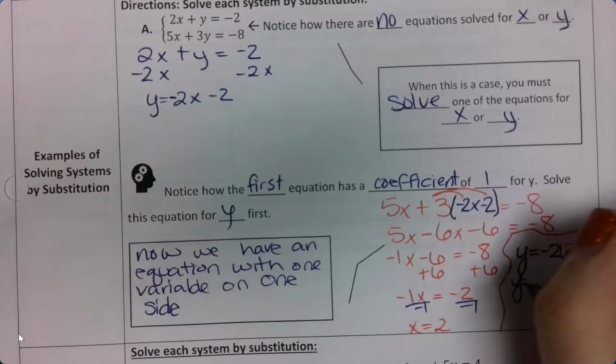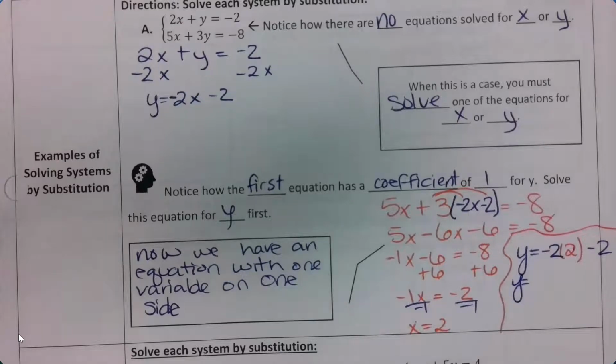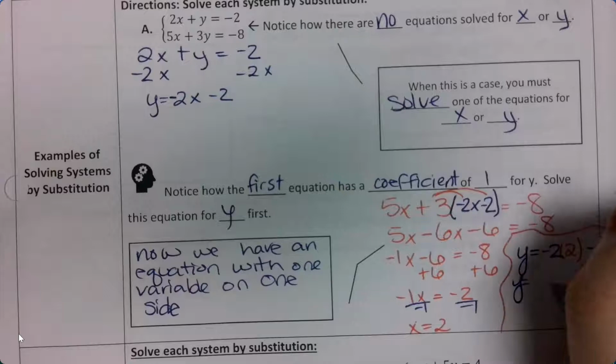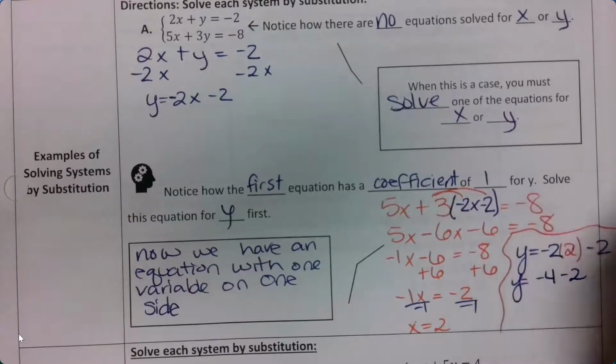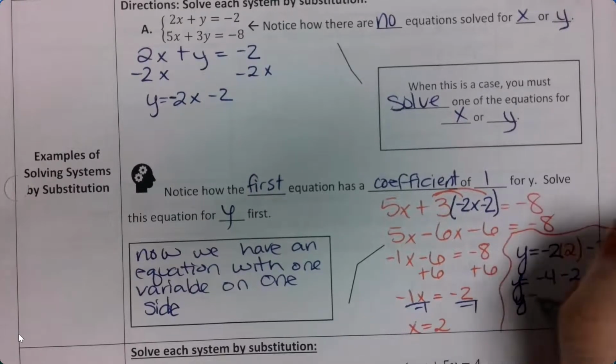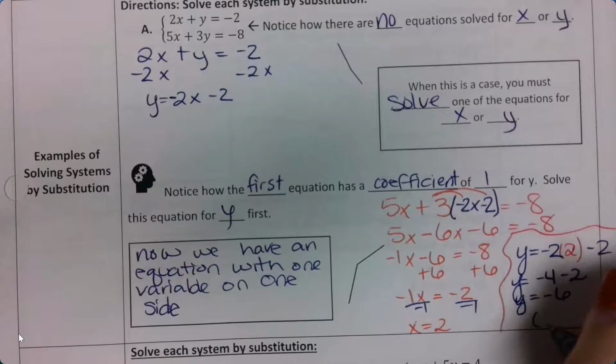So what's negative 2 times 2? Negative 4. Negative 4 minus 2 is? So my answer here is 2 comma negative 6.